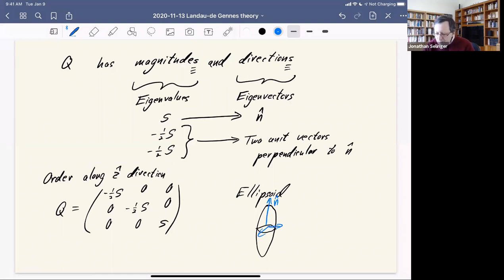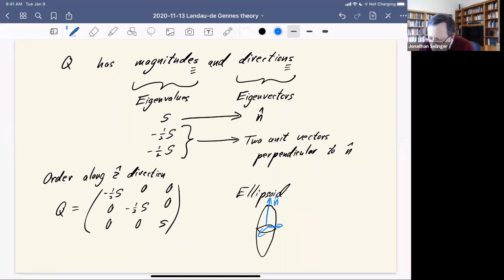Everything in the plane perpendicular to N is equivalent. So that's like an American football that's long one way, but it doesn't matter which way you go perpendicular to the long axis, it looks the same. It looks like a circle in the plane perpendicular to the long axis.